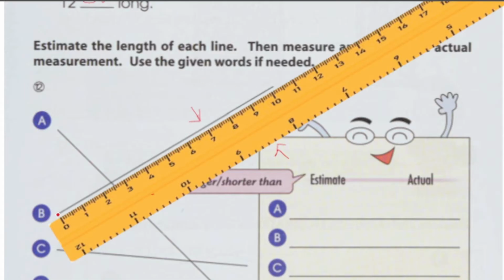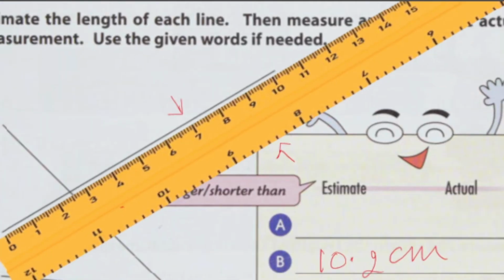So this is line B. We have to give the estimated length of the line. I have measured it accurately. This is 10.2 centimeter. I will show you by closing up the scale. You can see it in a better way.